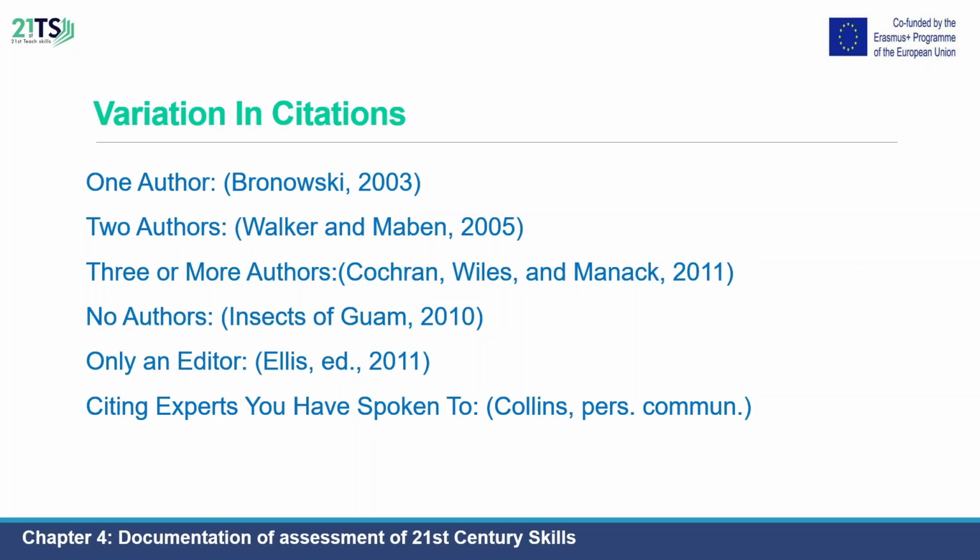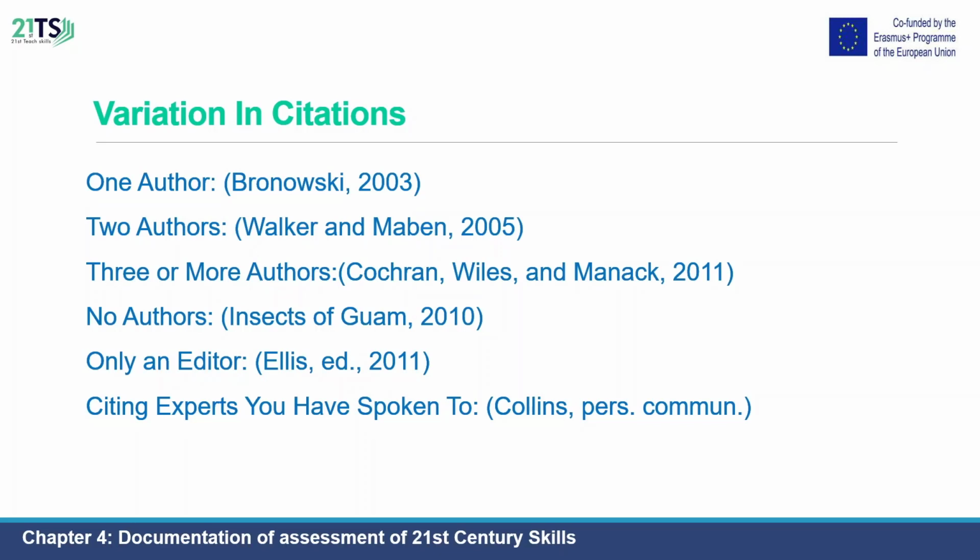In citation, we have variations. With one author, you start with the last name and the year of publication. With two authors, you start with the last name of one author and the last name of the other author, and the year of publication.